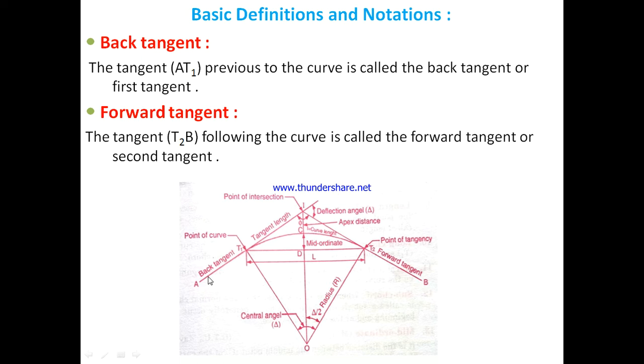Forward tangent means the tangent T2B following the curve is called the forward tangent or second tangent. Therefore a simple curve is introduced between two tangents, that is back tangent and the forward tangent.